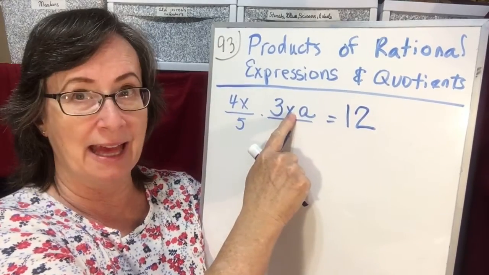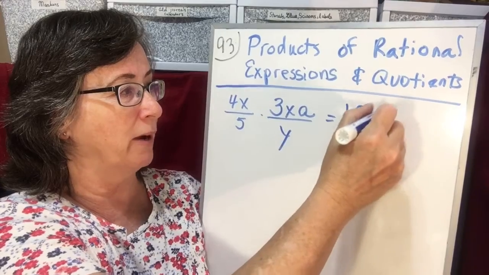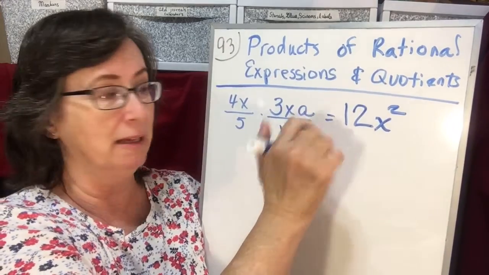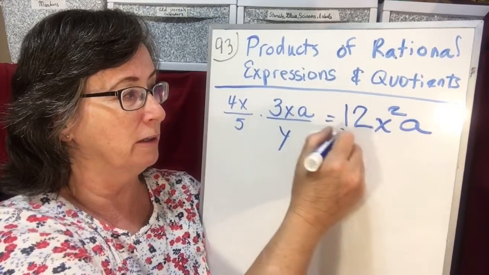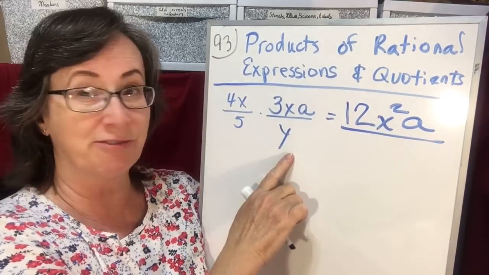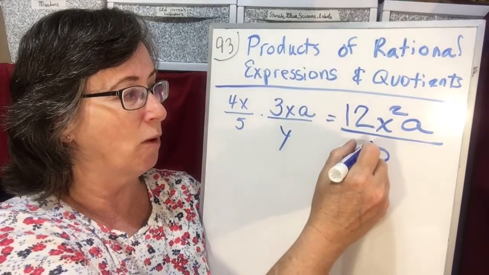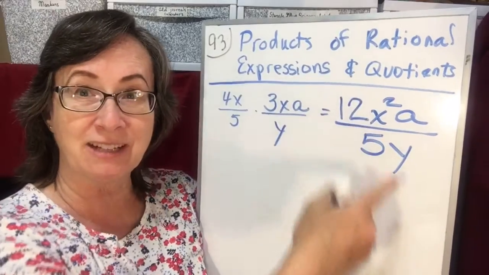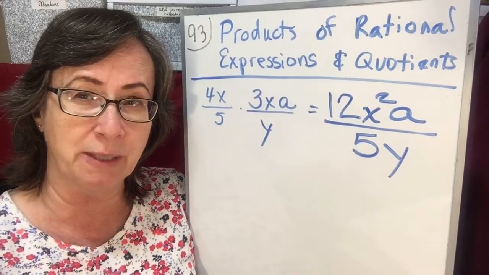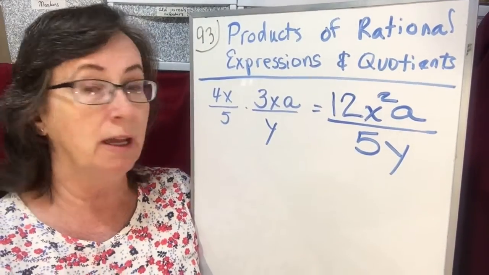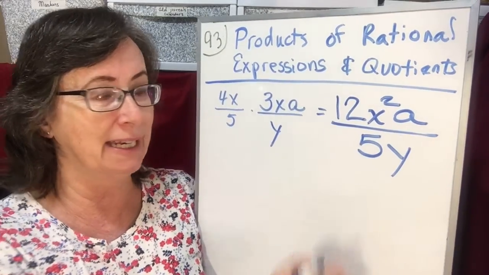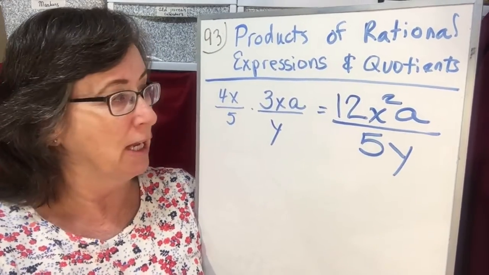X times x is x squared. And then we have an A, lonely A, no partner. And then on the bottom, we have a 5 times y, which is 5y. And there are no factors in the numerator and the denominator which are the same. Therefore, we have simplified it as much as we possibly can.